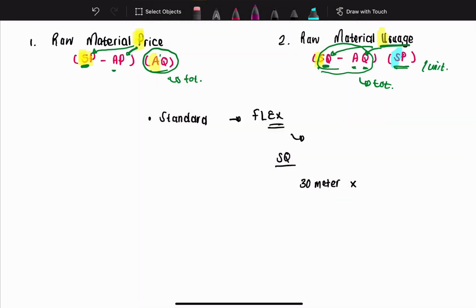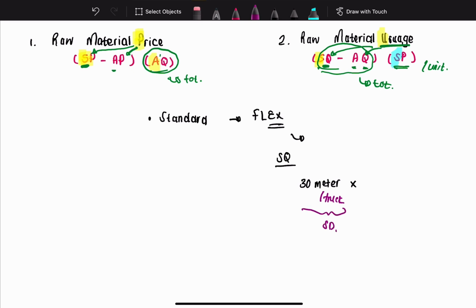For example, if we are trying to calculate how many meters we'll need per truck, we ask how many trucks did we produce? So this is how many meters per truck, standard.